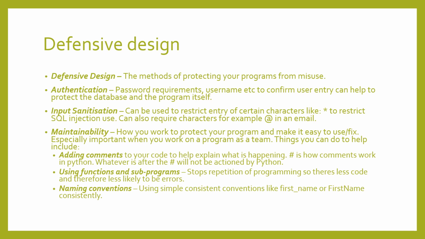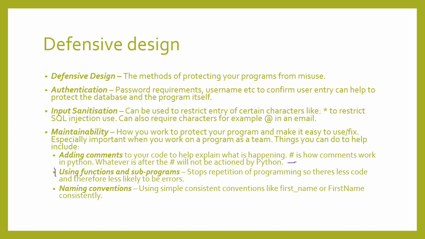Other things to be considerate of when we talk about maintainability of a program are things like adding comments. So a hashtag here, anything you write after a hashtag is a comment. In other words, people can read it, but Python doesn't action it, it ignores it. All right. If we use functions and subprograms, it stops us having to repeat the program. It makes it easier to maintain because we only need to write it once, test it once, and then if it works, we can use it throughout.